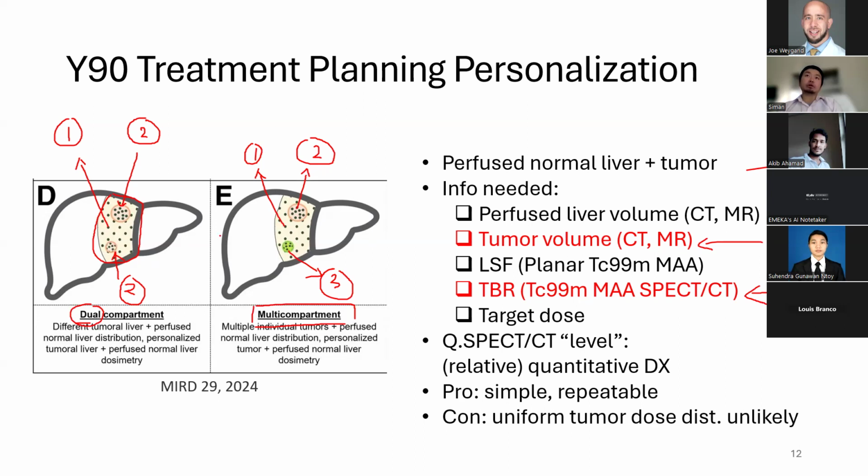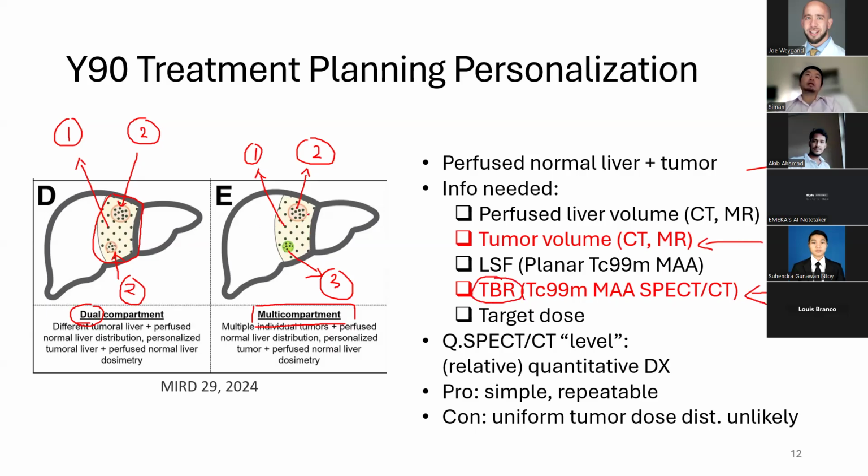And then the TBR is the tissue, or tumor, to background ratio. Earlier with the single compartmental model, let's say you inject 100 millicurie into 100 cc. All you need to do is divide the activity by the volume, and that's it. With this model, because you have either 2 volumes or 3 volumes here, if you inject 100 millicurie, you need to know what the distribution is like, and that's given by the TBR.